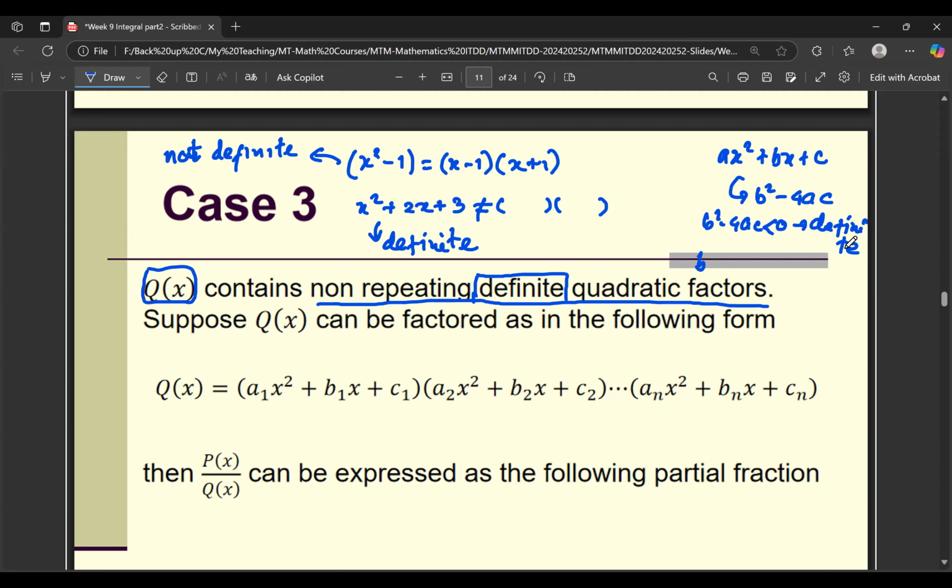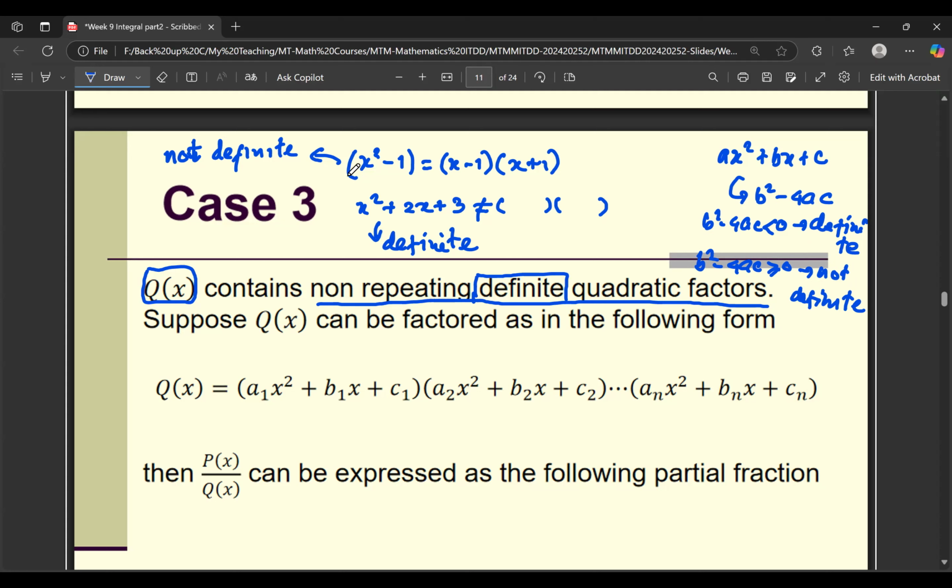But if b squared minus 4ac is greater than or equal to 0, it is not definite. This is how to classify definite and not definite.